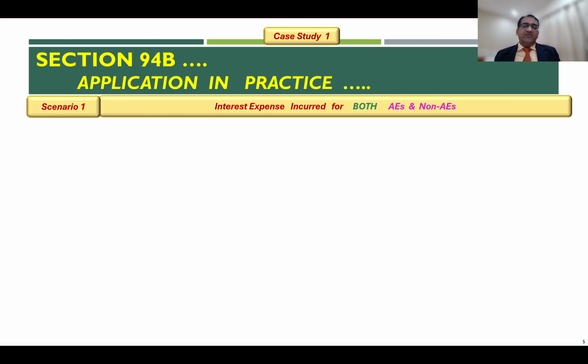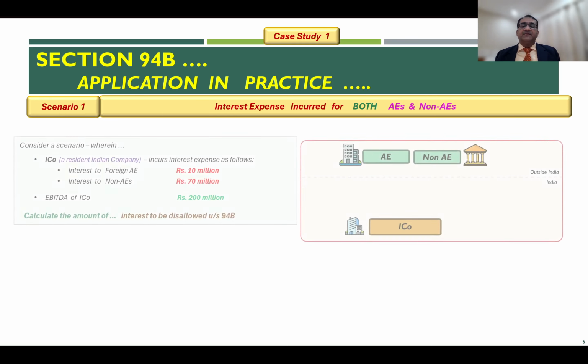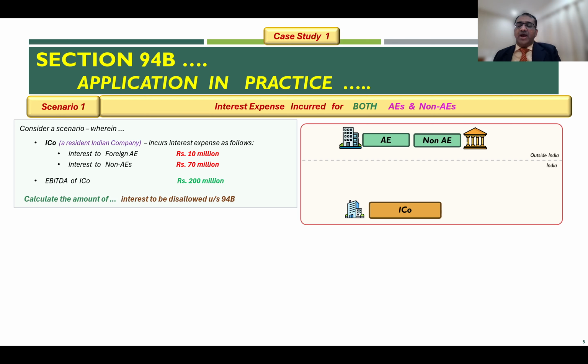So scenario 1, let us say you have ICO, an Indian company. This ICO is a resident in India and incurs total interest expense of rupees 80 million, out of which 10 million is paid to the foreign AEs and the balance 70 million is being paid to non-AEs.